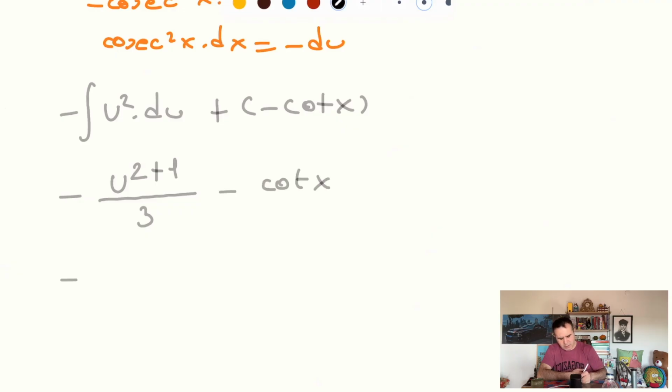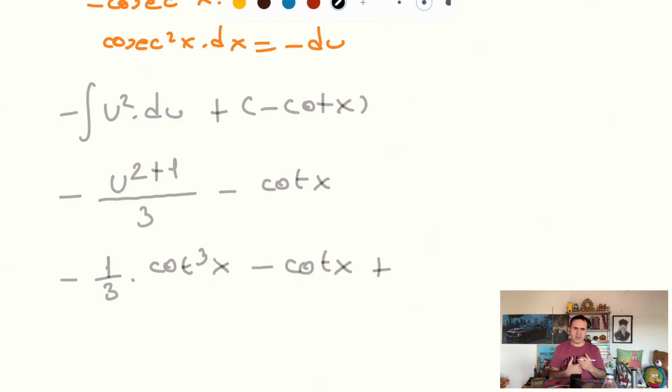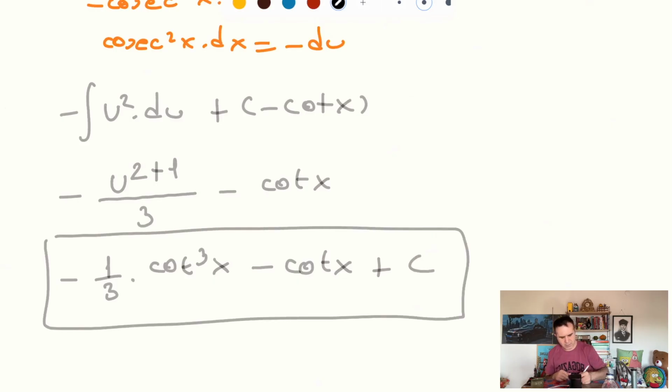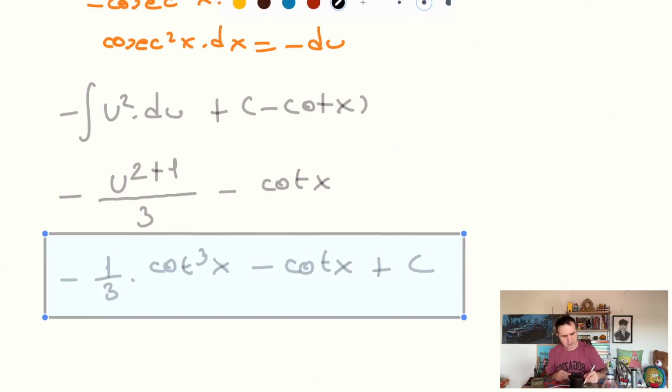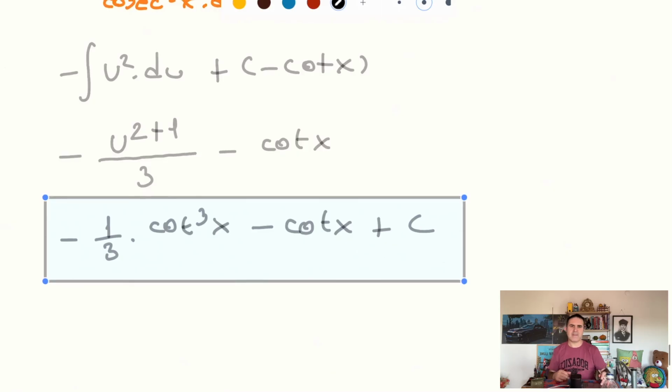This is minus 1 over 3 times u, where u was cotangent x, so cotangent cube x, minus cotangent x, and since we had an indefinite integral, we add a constant c here. Now the answer is this.